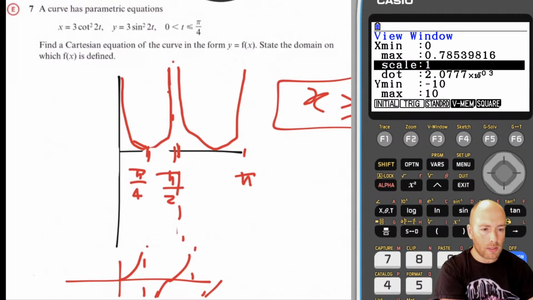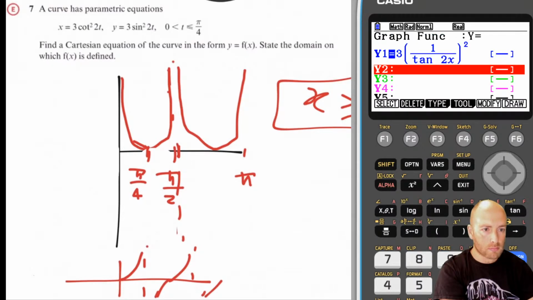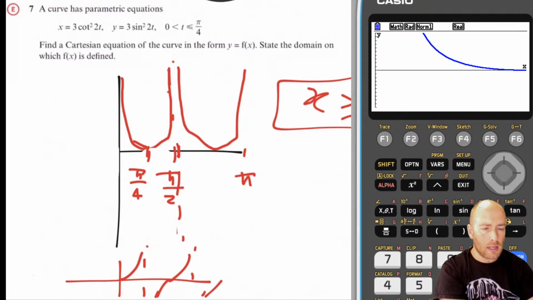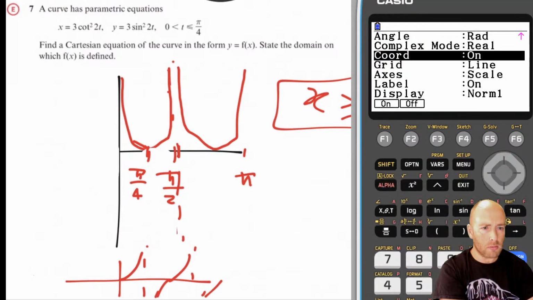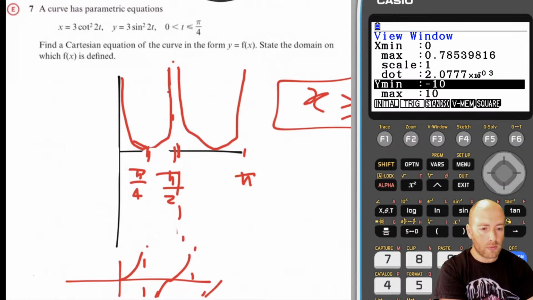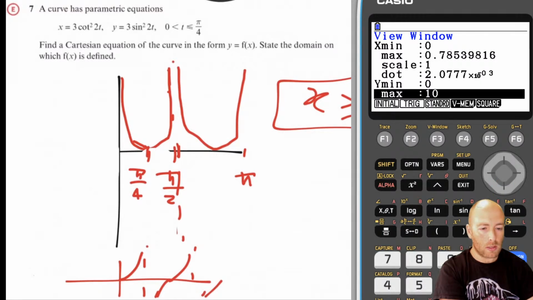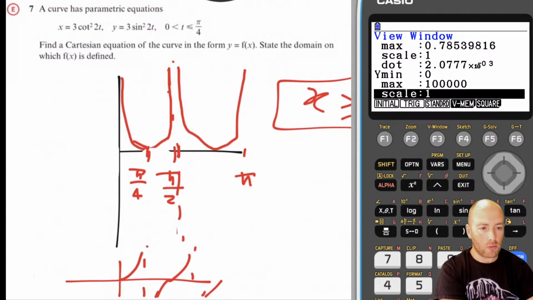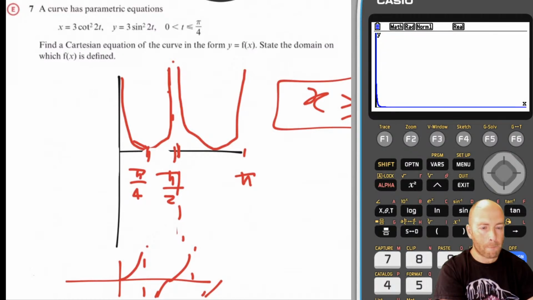Y, yeah, we can go from 10 to minus 10, that's fine. And I think we are in radians. Cool. I've only gone up to 10, so you can see why it's stopped there. If I change my window to 10,000 or 100,000, you can see we've got that shape, which is what I've drawn here. So yes, x greater than 0 basically should be my domain.